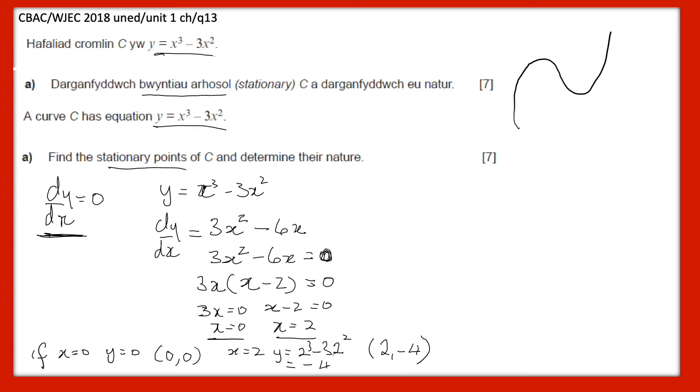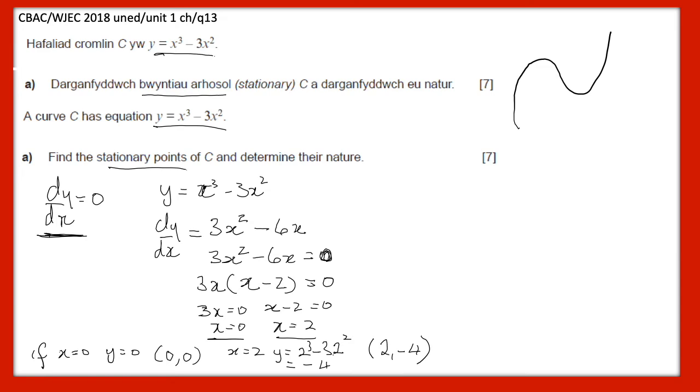It now means that I've got to decide which one's a max and which one's a min, and this is where my shape came in. Because I know that positive cubic graphs always start in the negative quadrant, because a negative number cubed gives you a negative number, and a positive number cubed gives you a positive number.